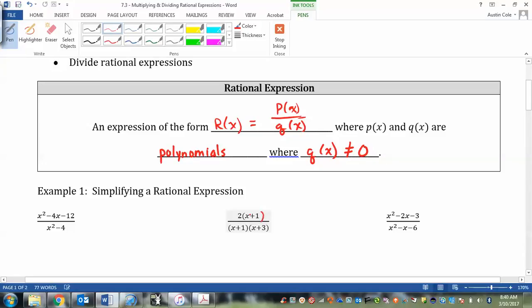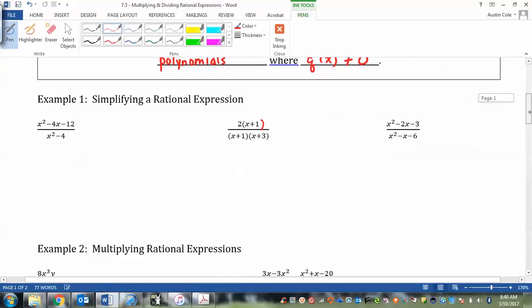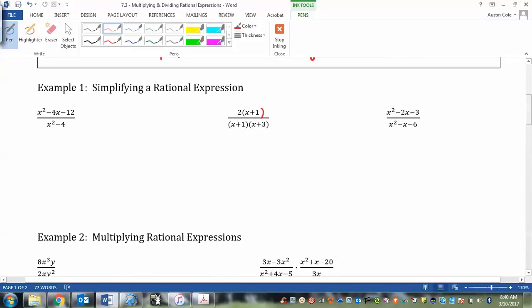First of all, I forgot a parenthesis there, so correct me. Now, you notice, what's different between the second one and the first and third one? What's different about the second one? Okay, there's a number in front of the parenthesis. I agree. What else? Ryan? In the second one, that has x plus 1 and x plus 3.